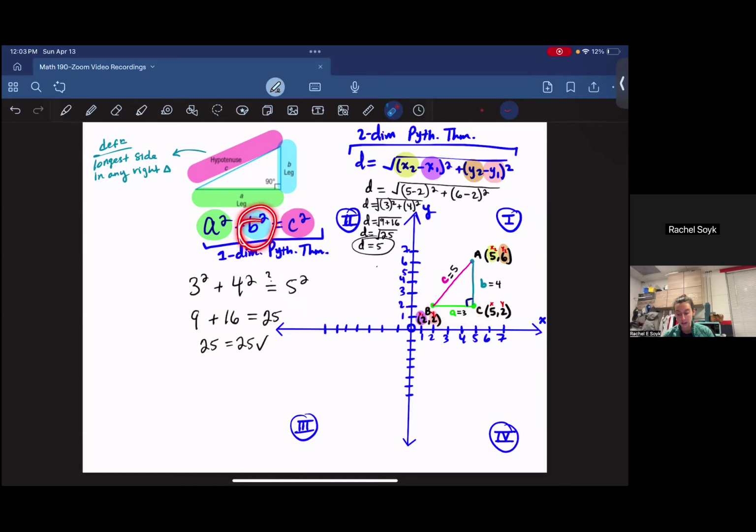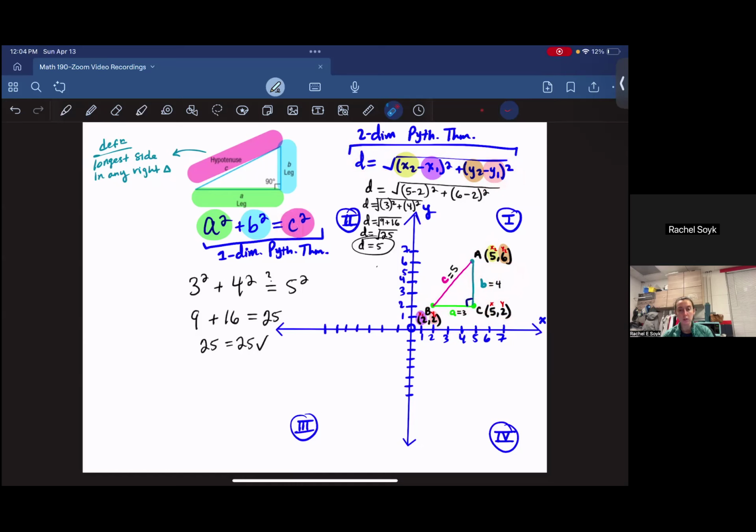Our b squared is the difference between our two y values, 6 minus 2, in parentheses, squared. And then in order to get our diagonal, we need to sum these two values up after we square them and then take the square root, which gives us our C value, aka our D.